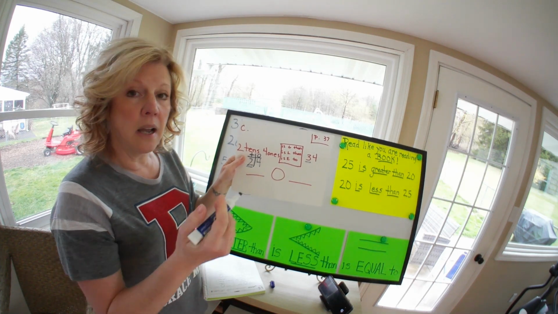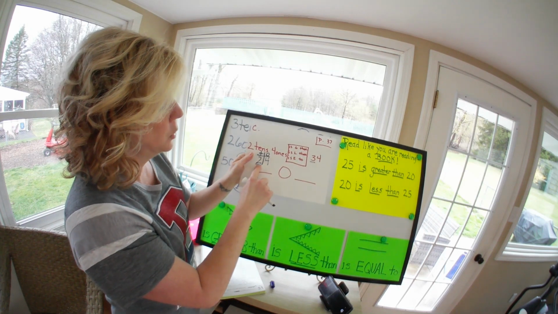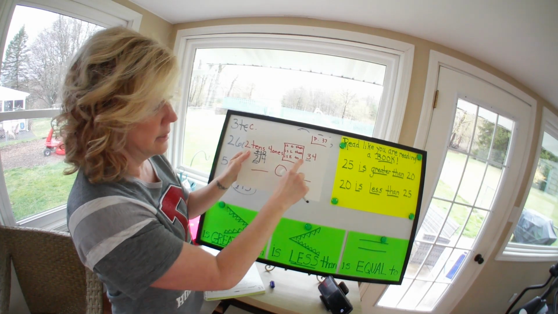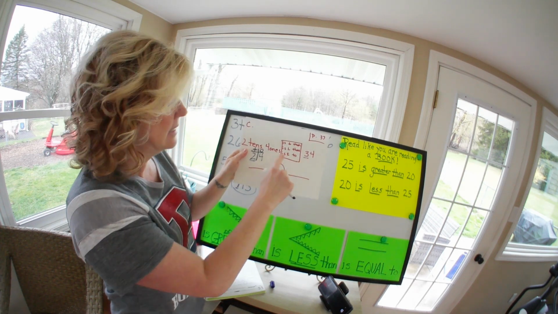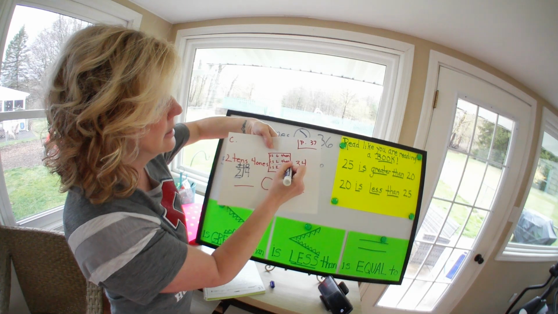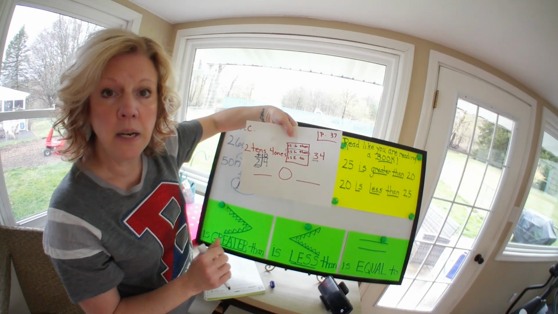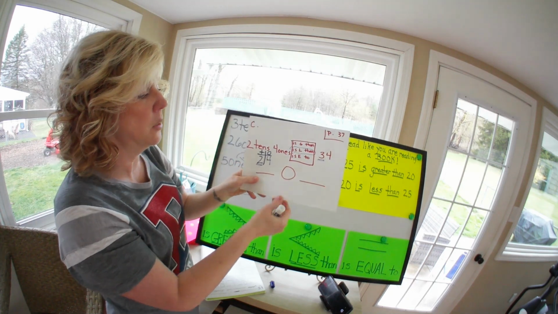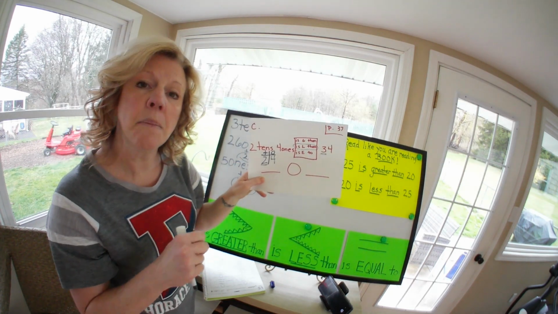So that means I'm going to read from left to right. So we're going to say 24, is it greater than, less than, or equal to 34? That's right, it's less than. So we're going to say 24, and you're going to circle is less than 34. Now what it wants you to do is says, okay, now that you know what the numbers are, we want you to write the numbers and write the symbol.